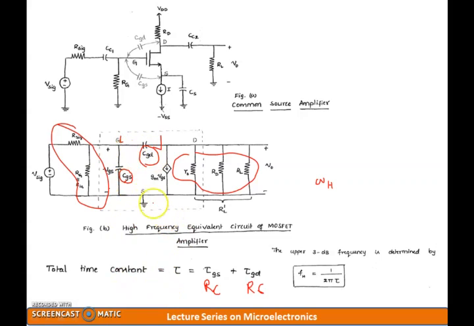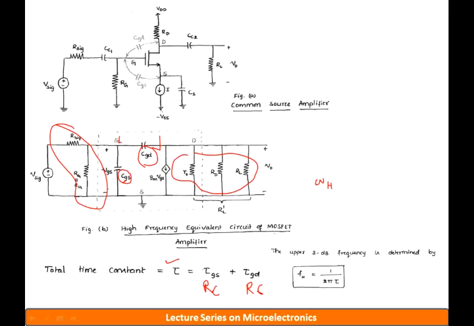So this is how I am going to find tau GS and tau GD, and I sum all of these and finally get the total time constant. So this is how I'm going to determine the upper cutoff frequency FH, which is equal to 1 divided by 2 pi tau, where tau is the total time constant of all the resistances and capacitances present in the entire circuit.